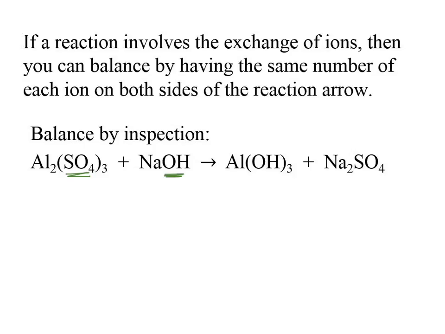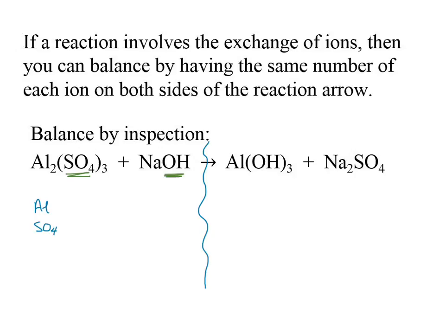And like I said before, I'm going to keep those as their own little entities. You wouldn't have to, but I think it makes it easier. So here's my brick wall, and I'm going to go aluminums and SO4s, and I'm not even going to put the charge there. I'm just going to say aluminums and SO4s.